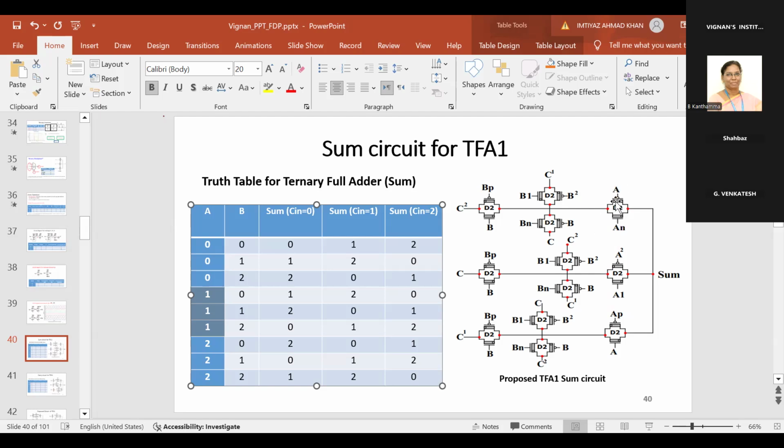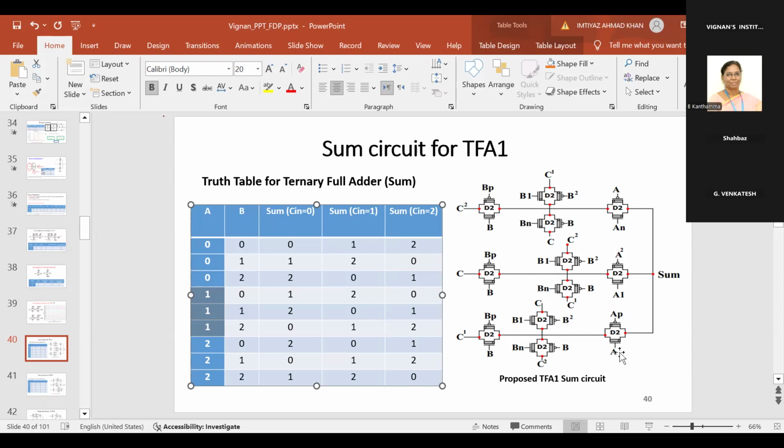For A0, this path is on and at the same time this path will be on. Suppose B is 0. When B is 2, then BP is 0. I've explained this for the ternary inverter. BP is 0 means this path will be on and this time all values of C will be passed. Same for A1, all values of C pass.